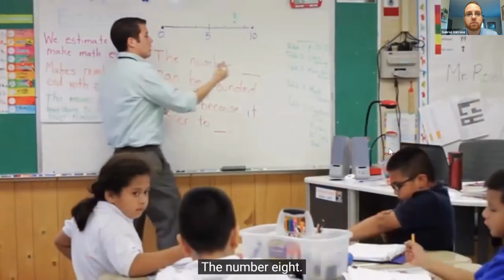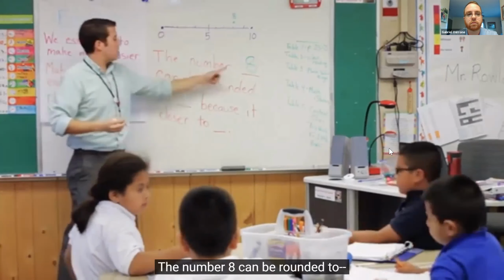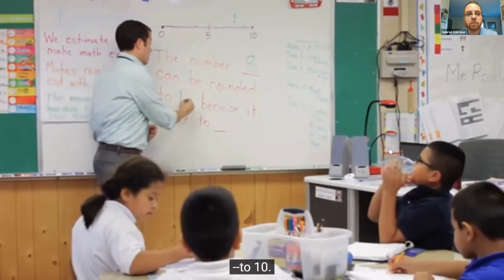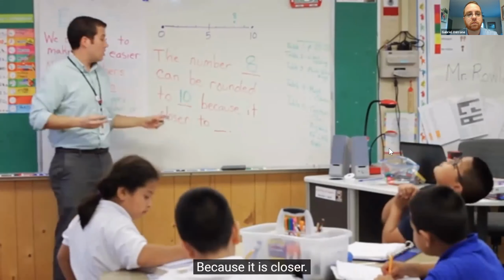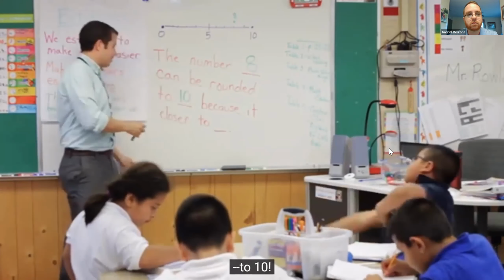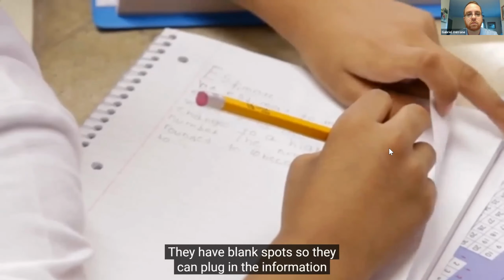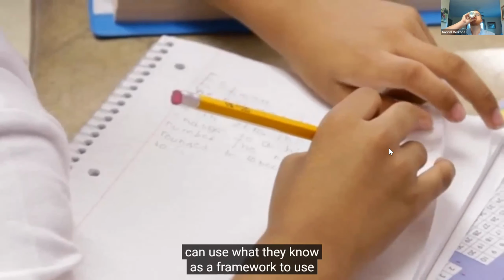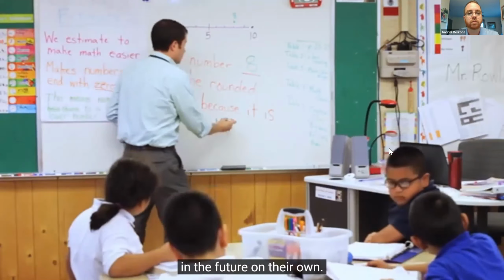Number 8. The number 8. Andrea, you're next. The number 8 can be rounded to 10. And tell me why, Kevin. Because it's closer to 10. They have blank spots so they can plug in the information that they know, and that way they can use what they know as a framework to use in the future on their own.